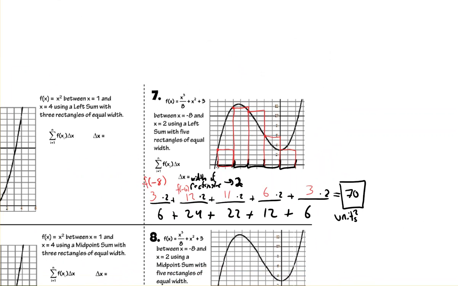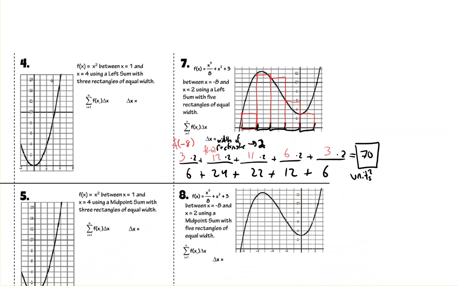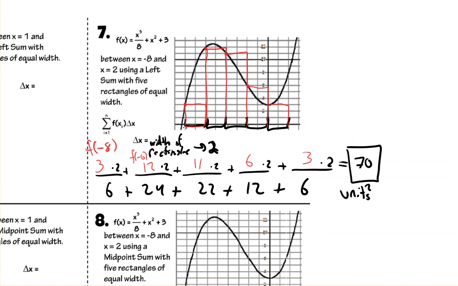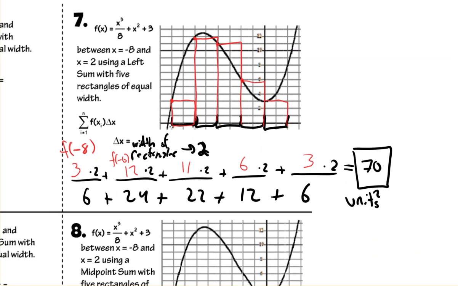Okay, so I want you to try that now on number 4. Yours is a little bit easier because it's just x squared, but it looks like you're supposed to do 3 rectangles from 1 to 4. Try to make the picture so you can see your 3 rectangles. Try to get length times width for the 3 and add them up, the whole thing. Try to come up with the final answer.